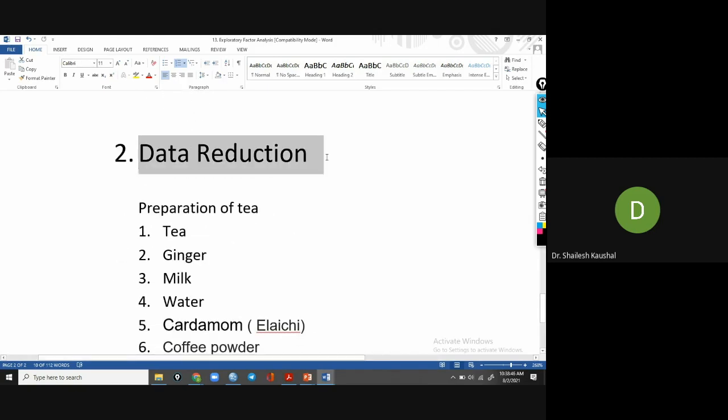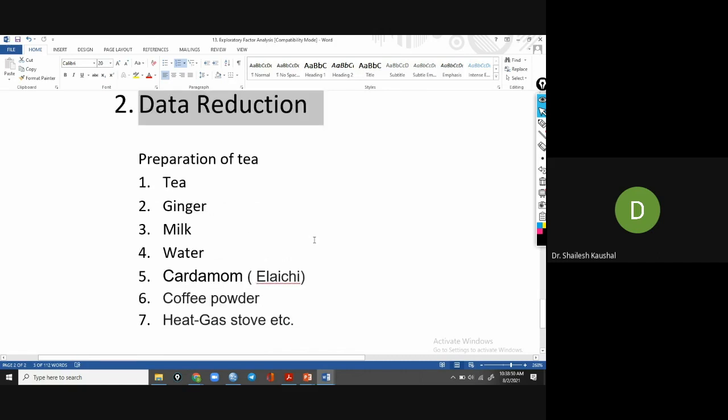And data reduction means, for example, we are preparing tea. We have a large number of ingredients to prepare tea, like tea itself, without which we cannot prepare it. So these are the principal components: tea, ginger, milk, water, elaichi, coffee powder, gas, heat, gas stove.